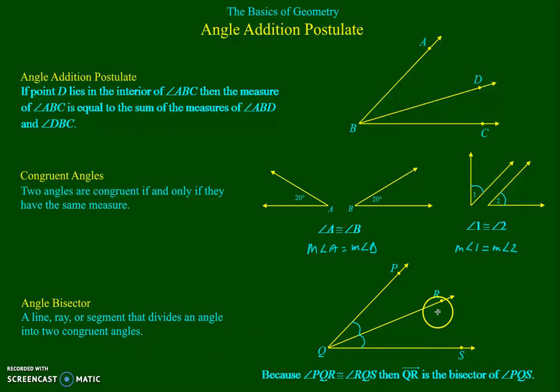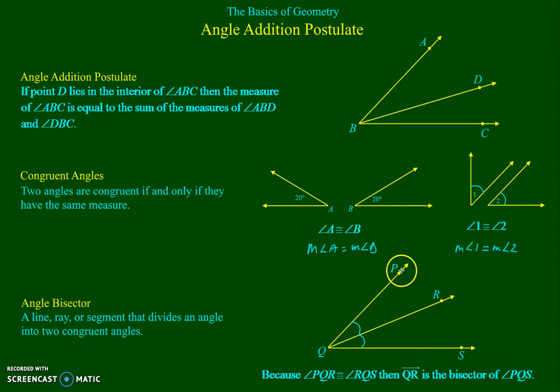So this ray is dividing this big angle into two congruent angles, therefore ray QR is an angle bisector. And because angle PQR is congruent to RQS, we can say the converse, that ray QR is the bisector of angle PQS.